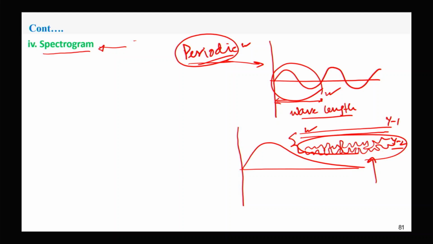But once there is a periodicity in the yarn mass per unit length, then only the spectrogram identifies the wavelength. Now how? Let us discuss.